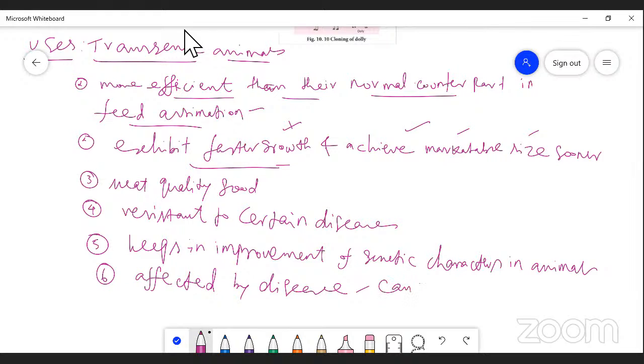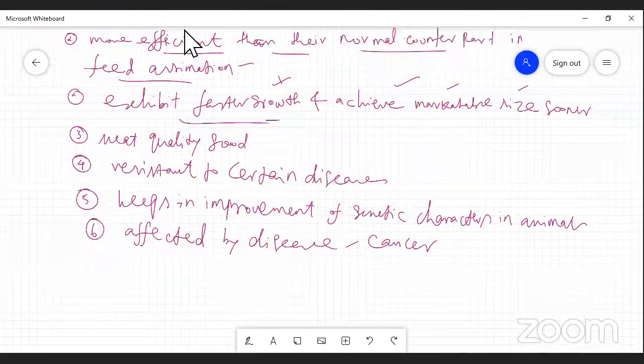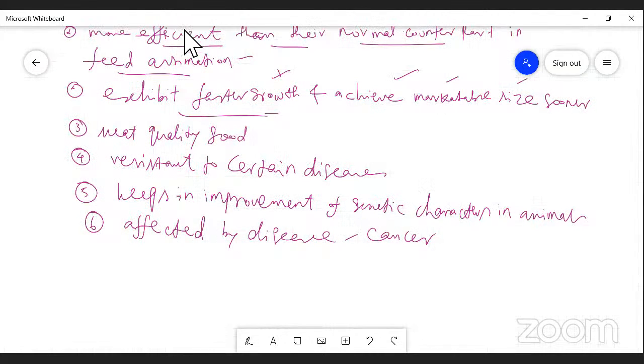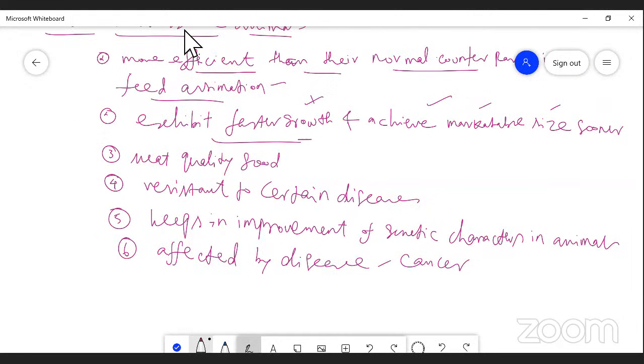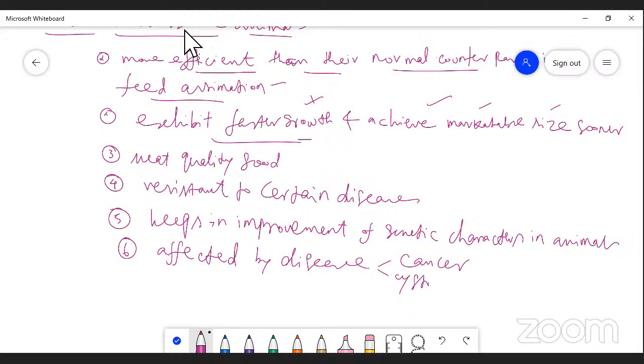When compared with normal animals, the transgenic animals are affected by diseases like cancer, cystic fibrosis, and sickle cell anemia.